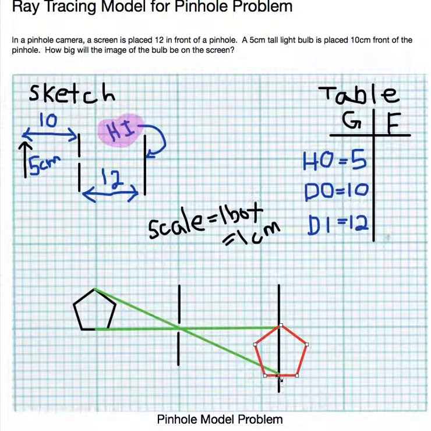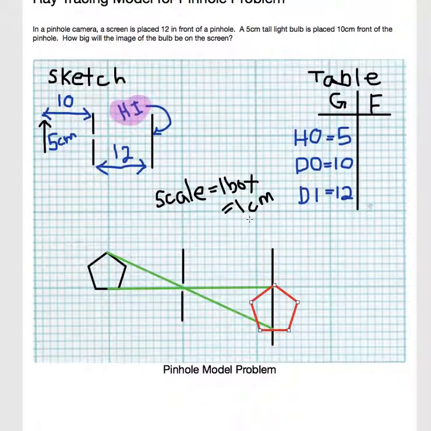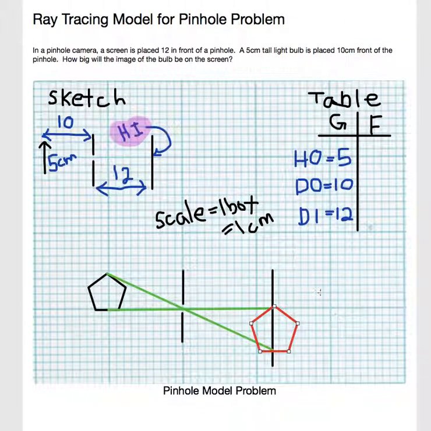And so when I count up these boxes, 1, 2, 3, 4, 5, 6, there are 6 boxes, and because our scale is 1 to 1, I can write that HI is 6 centimeters.